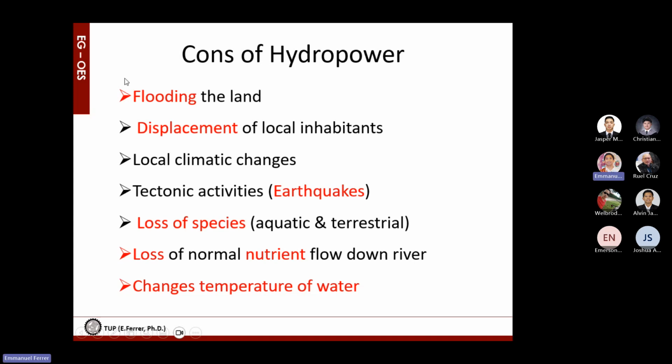So ito nga, as mentioned, there will be flooding, displacement of not just people but animals as well. There will be climatic changes. Of course, you're constricting, no? Or changing the natural flow of water. Local climates will be affected. Tectonic activities, yes, possible.